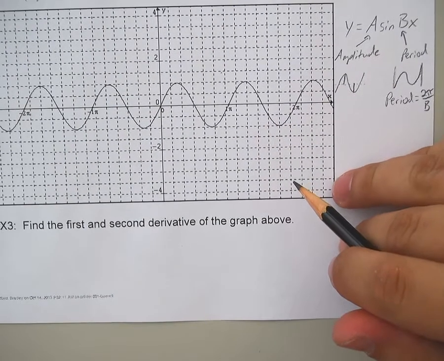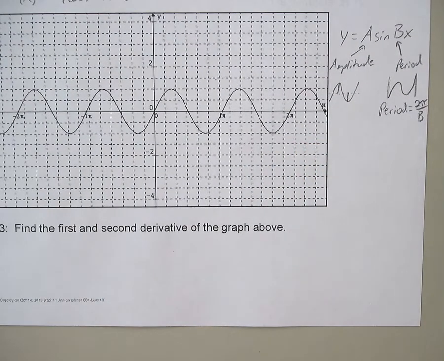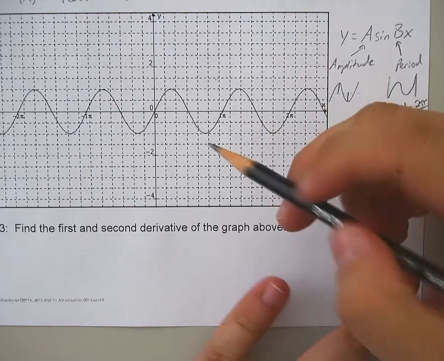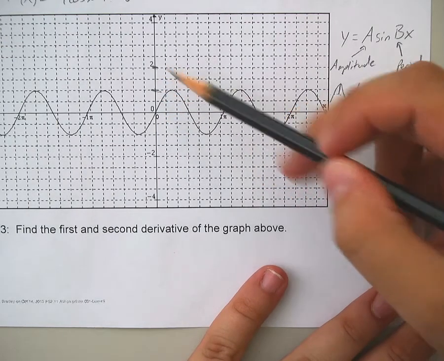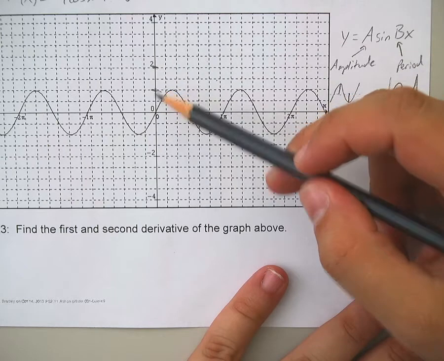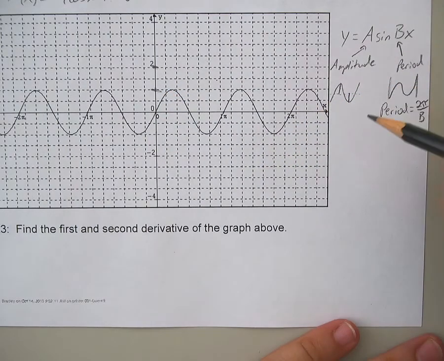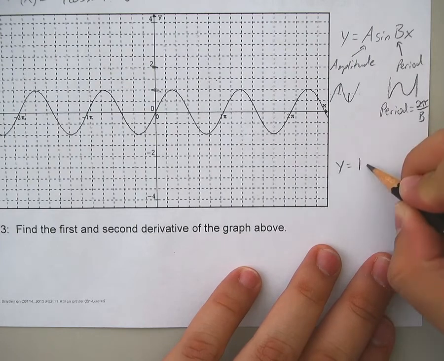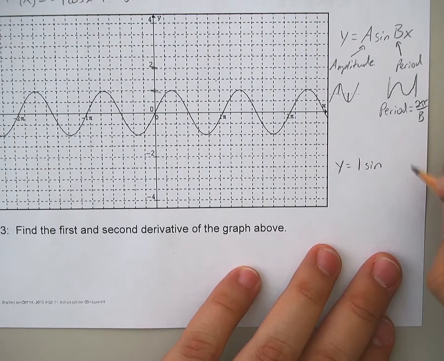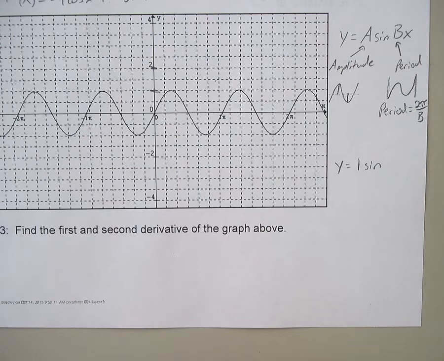So to come up with the equation for this, I'm going to look at the amplitude, and I'm going to look at the period. For the amplitude first, here's 1, here's 2, so this has an amplitude of 1. So y equals 1 times the sine. And we've got to figure out what your period is.